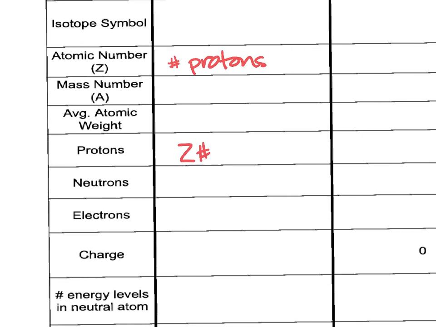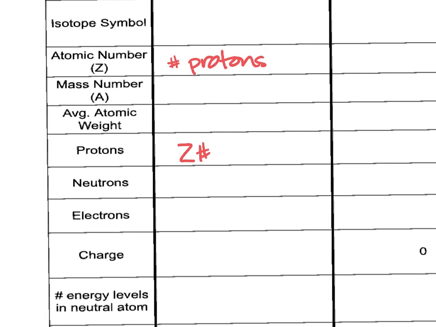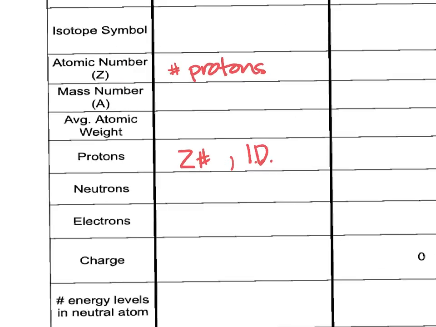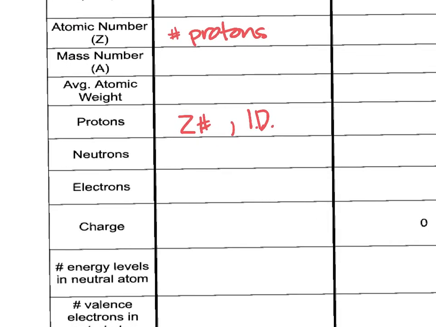So protons is going to be the Z number, and it is going to tell us the ID of our element. It's going to tell us what element we have. Along with that, we can get our electrons by taking the protons minus the charge. That would be minus any negative charge or minus any positive charge.